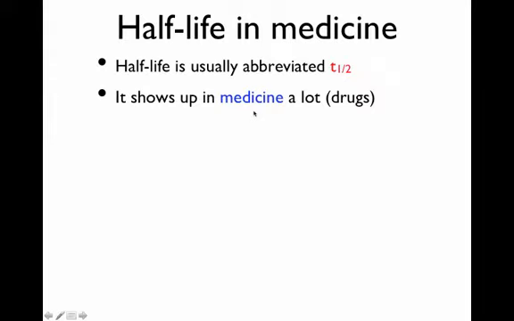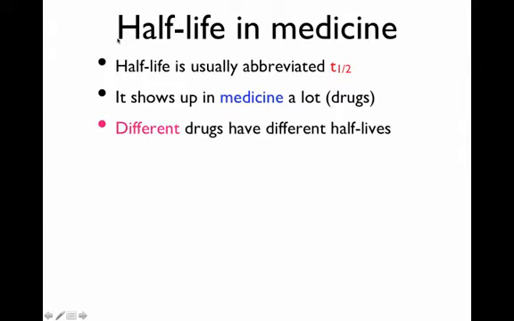But if it's eliminated very fast, if it has a very short half-life, then they need to give you the medicine more frequently. And if the medicine has a very long half-life, if it doesn't leave your body for a very long time, then you should not give the patient frequent doses of that particular medicine, or else they might have an overdose. So half-life actually shows up a fair amount, in almost all medicines that I can think of, at least in all prescribed medicines that I can think of.